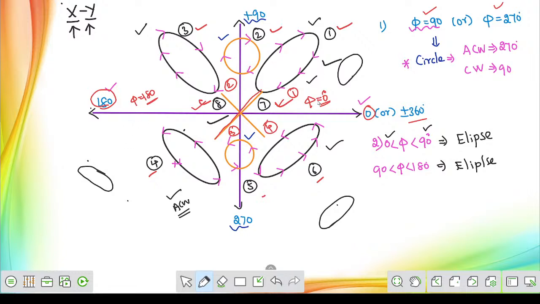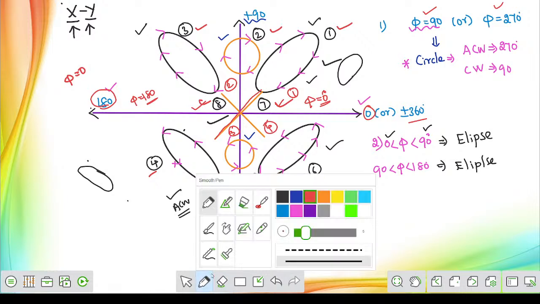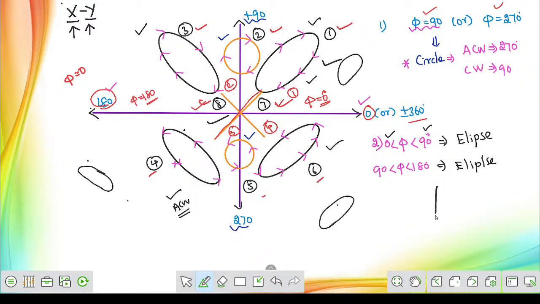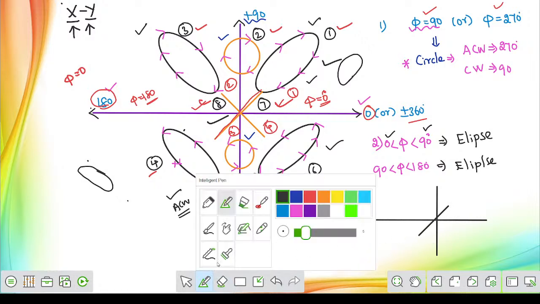Now, if the value of phase angle phi equals 0 degree, then on the CRO screen you will have a straight line. Let me draw it here again. The phase angle difference between the signals that we are passing through the X and Y axis is 0 degree.